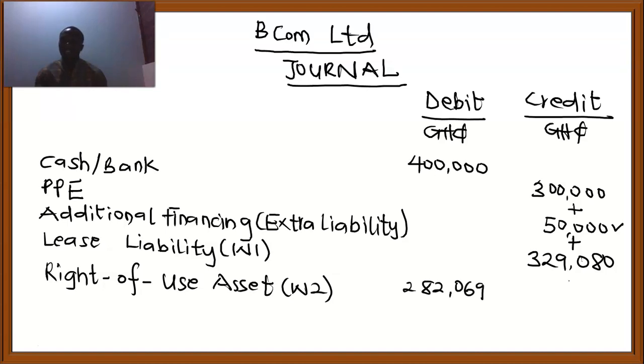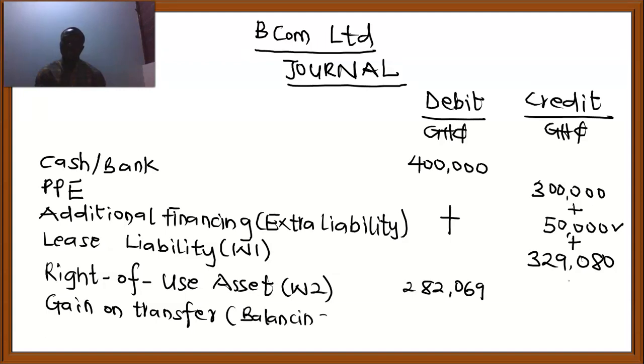282,069. So you sum up the debit side and the credit side, and you realize that the credit side falls short. Okay, so the balance will come to the credit side. That will represent a gain. Gains have credit balances, so gain on transfer. That is the balancing figure. We have 2,989.